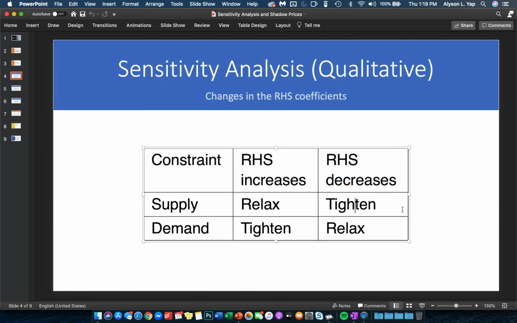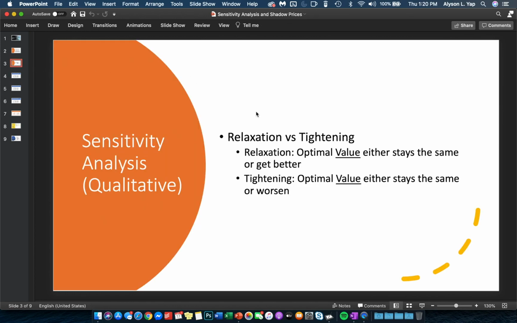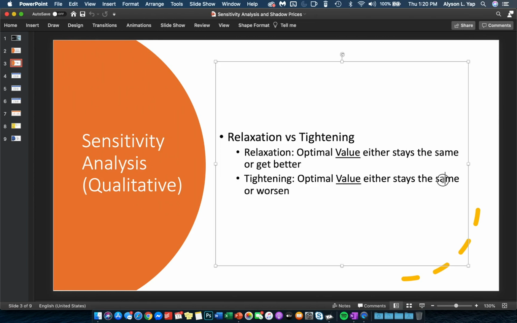And that is why, if your constraint is a supply constraint and your right hand side decreases, it is a tightening process. If you remember, tightening means your optimal value either stays the same, meaning your optimal solution was not affected by the reduction of the feasible region, or if it is affected by the reduction of the feasible region, then the optimal value will worsen.